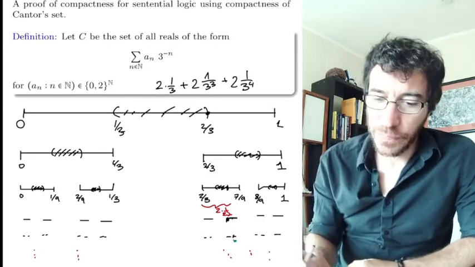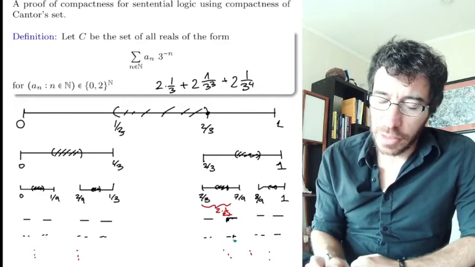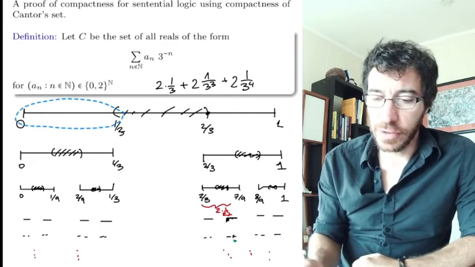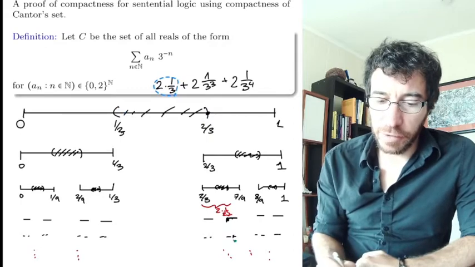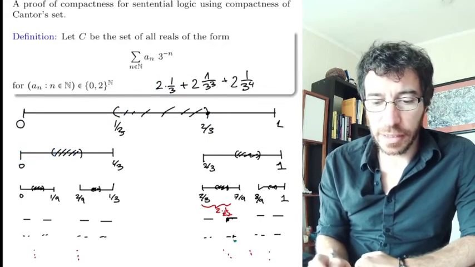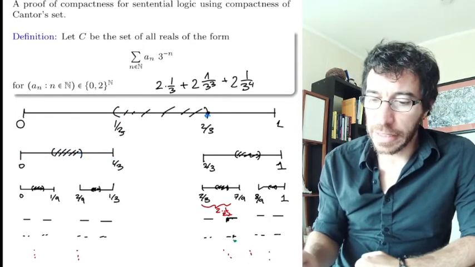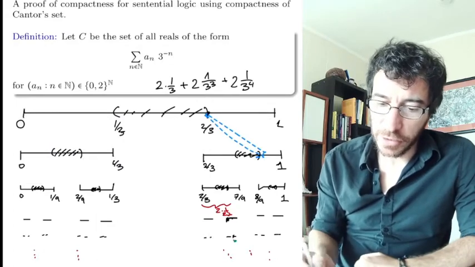So essentially, if we want to stay on the left side of an interval, we don't add anything, and if we want to go to the right side, we add 2 times a power of 1/3: 2 times 1/3, then 2 times 1/9, and so on.